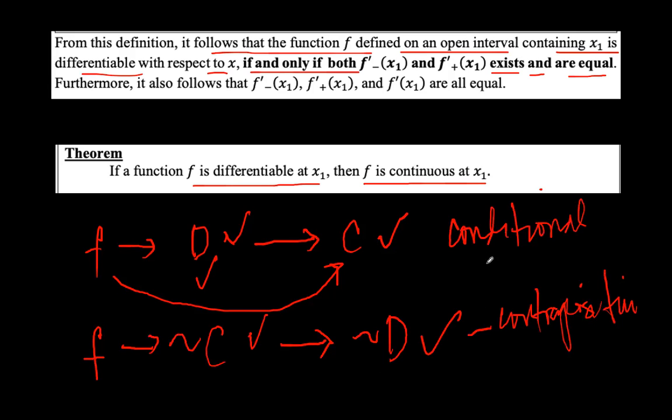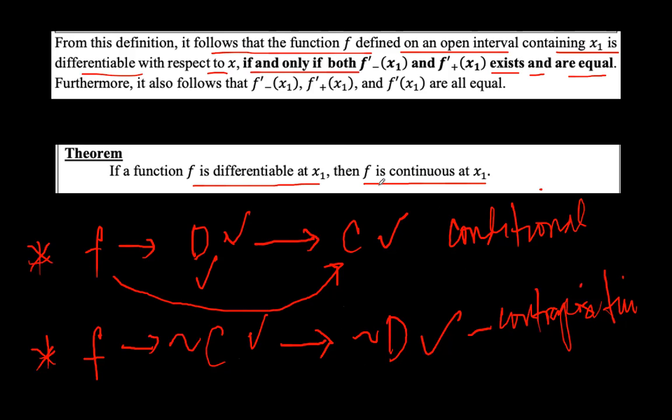As we all know, in logic, the contrapositive of a conditional statement is logically equivalent to the conditional statement. So both statements are true, and you can use them to show the differentiability and continuity of a certain function, or not continuous and not differentiable functions. Okay, I hope it's clear. And again, when I say continuous and differentiable, we're talking about a specific number, x sub 1.